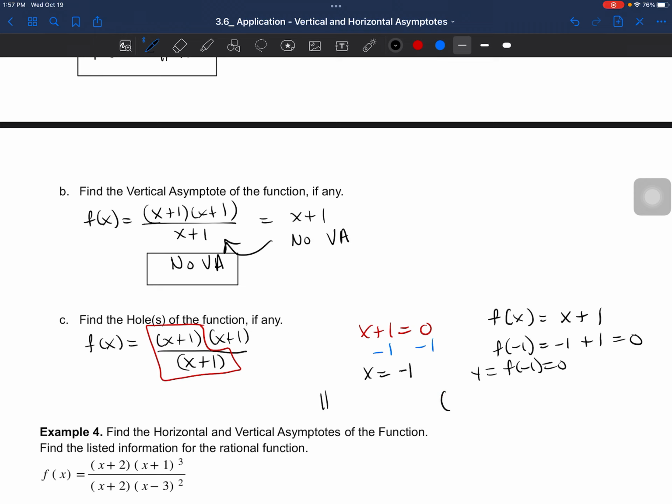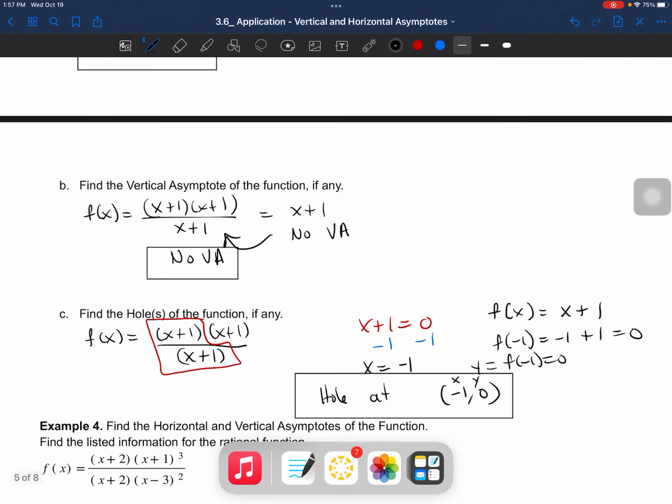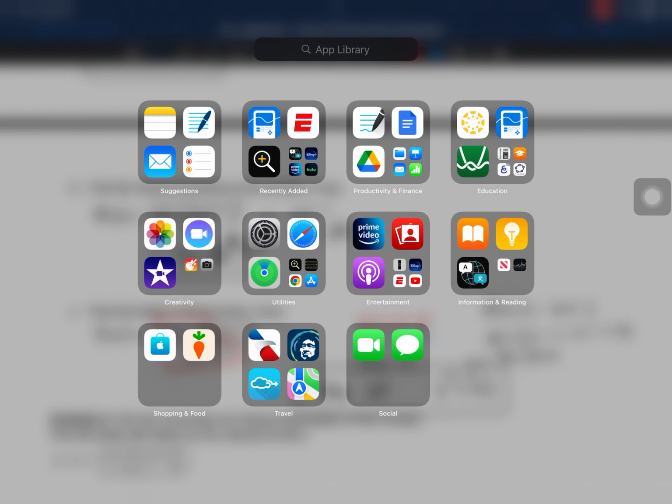We get 0. So the y value is 0, and the hole is at negative 1, 0. All right, so there you go.